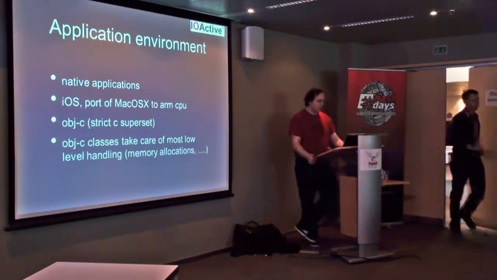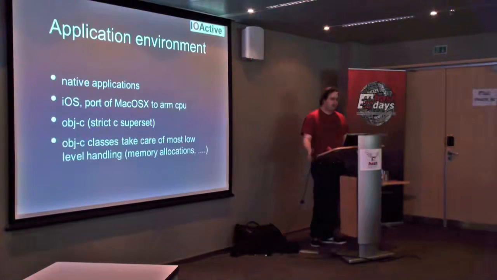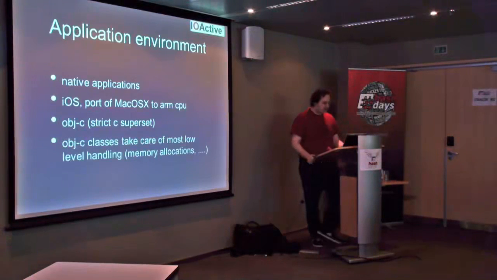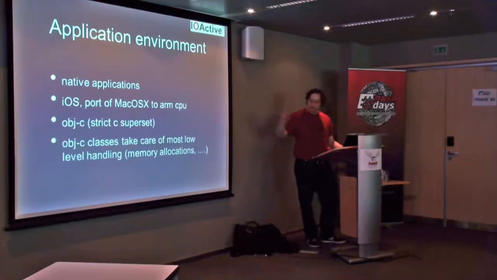It runs on iOS, which is basically a port of macOS to the ARM CPU. There's a number of things that change, but essentially it's macOS on an ARM CPU. An interesting thing about Objective-C is that it offers a bunch of classes, methods and objects to take care of a lot of low-level issues, such as memory allocation. We'll get back to that part in a little while.